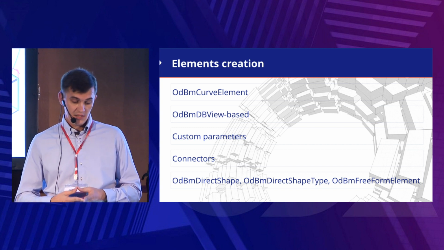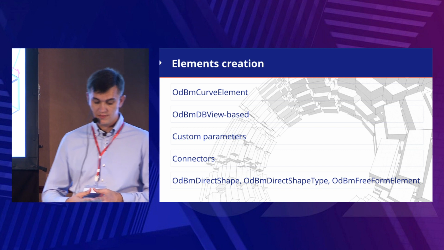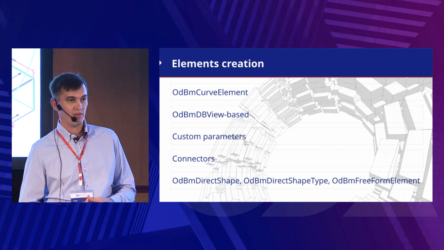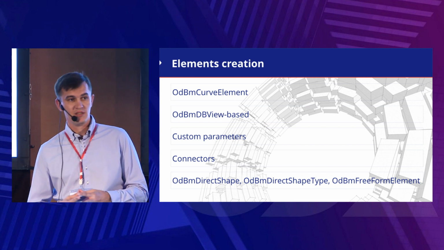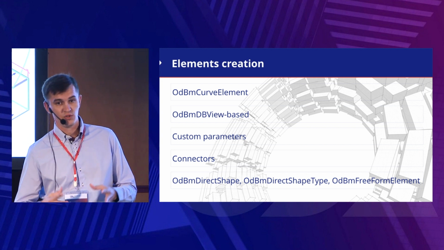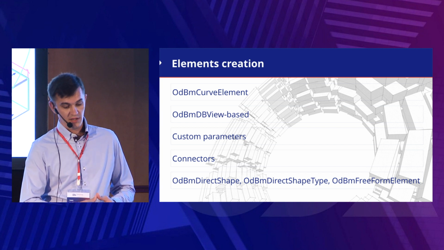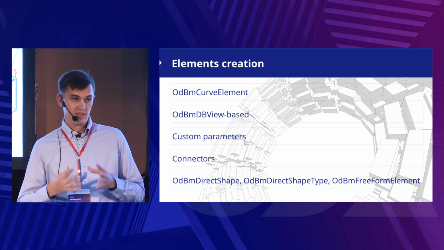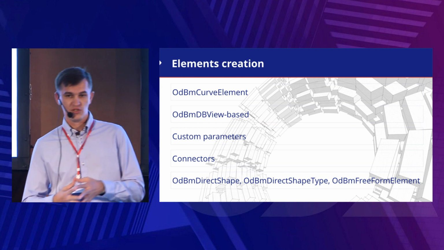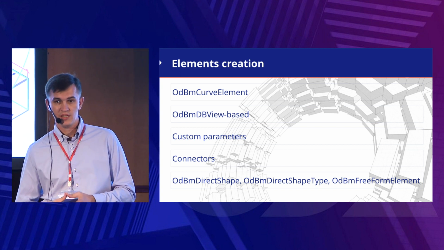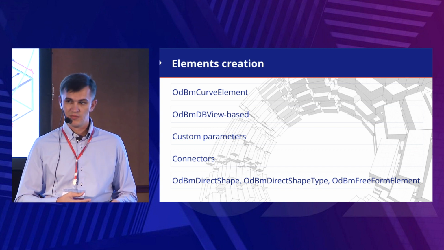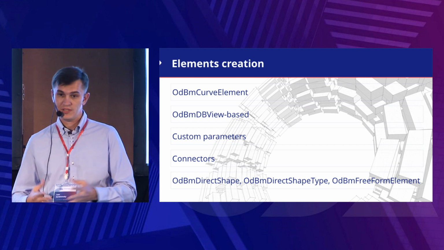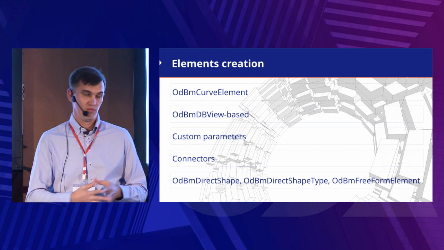And another important part of elements is direct shape and freeform elements. They provide the possibility for customers to store their own geometry inside the file. For example, a direct shape element can contain BREP geometry or mesh geometry or other geometry. This is not parametric geometry, but it's important for storing customer geometry.